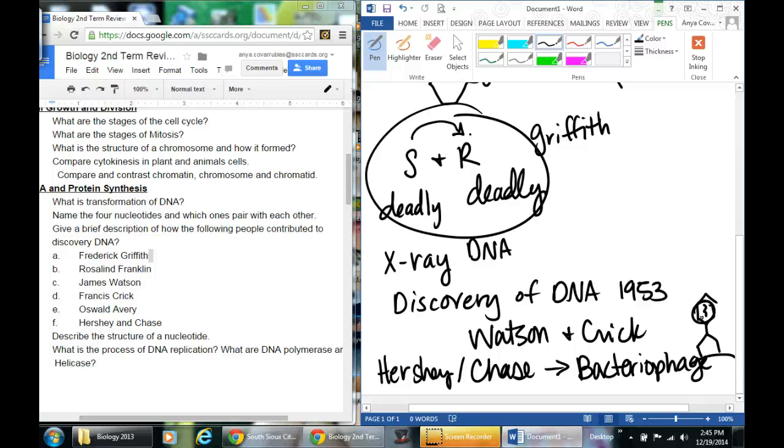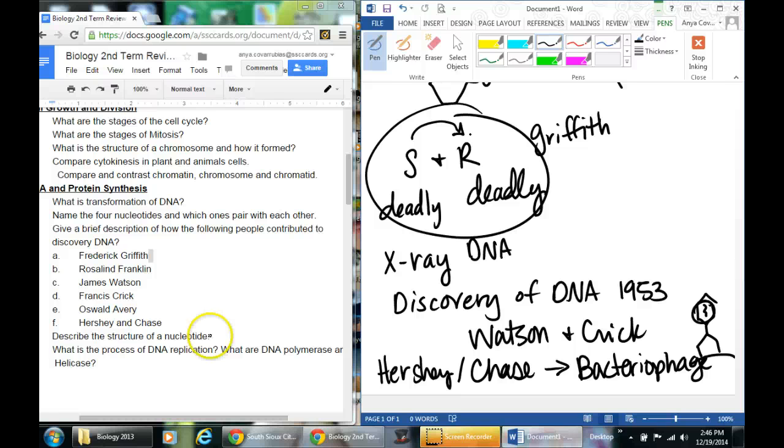And so they were able to conclude that the virus DNA was able to be passed into the cell, and the protein was not being passed down, so that gave them the conclusion that DNA was being passed down, not a protein, and that the protein wasn't holding the genetic material.